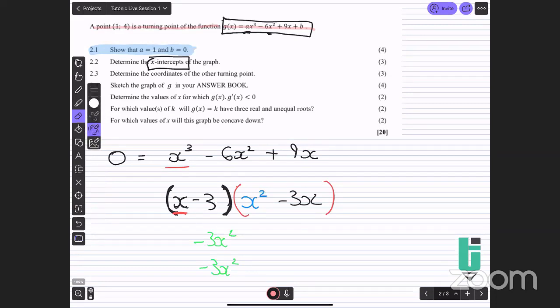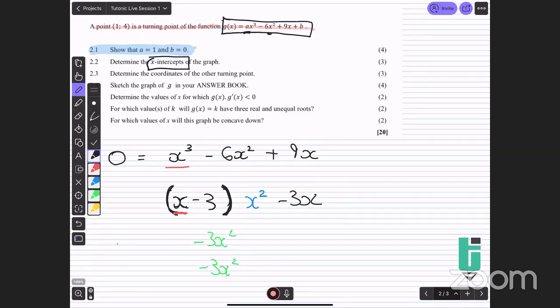Can we simplify the second bracket, guys? You want to pull out x as a common factor. Yes, it's a common factor, which leaves you with what's inside the bracket: x minus 3.